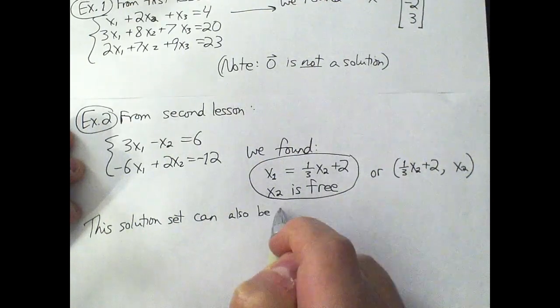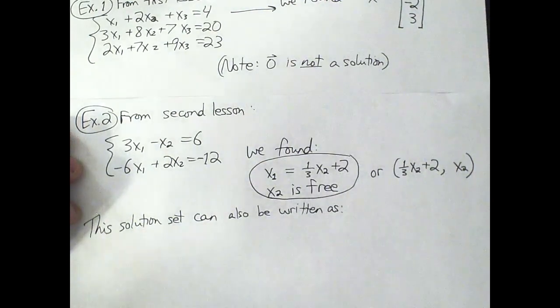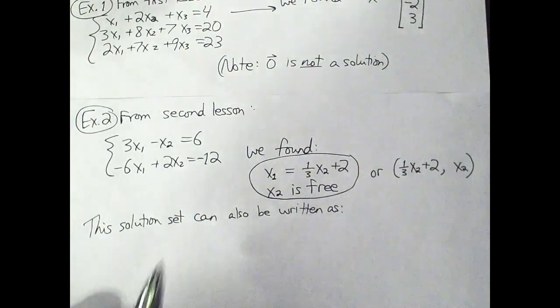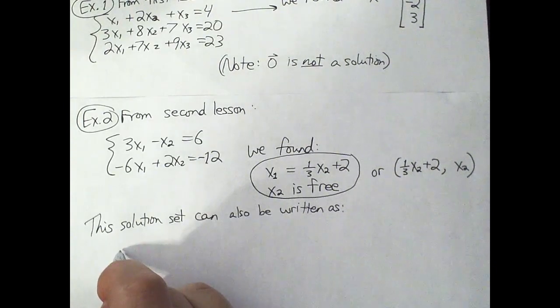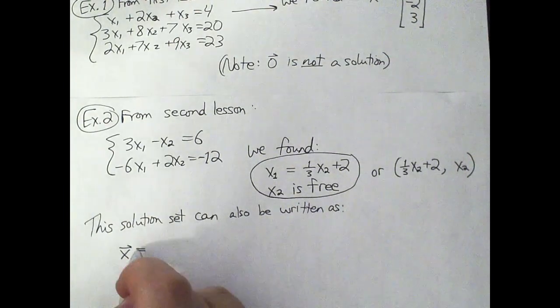can also be written as, now that we have a better understanding of vectors, and we are thinking that the unknowns that we are solving for make up a vector x. So what would I say the vector x equals in this case? What do you think?